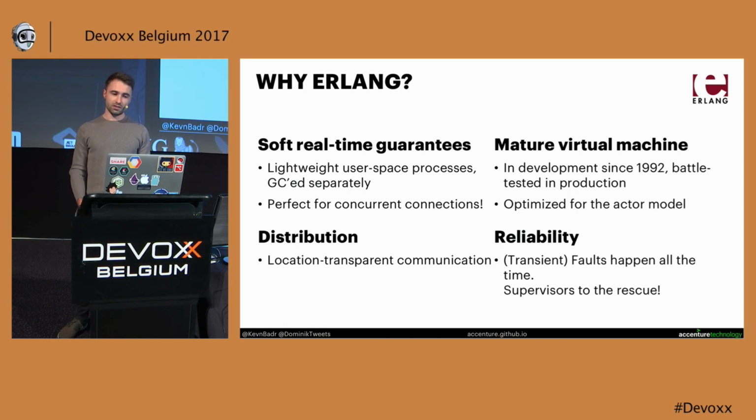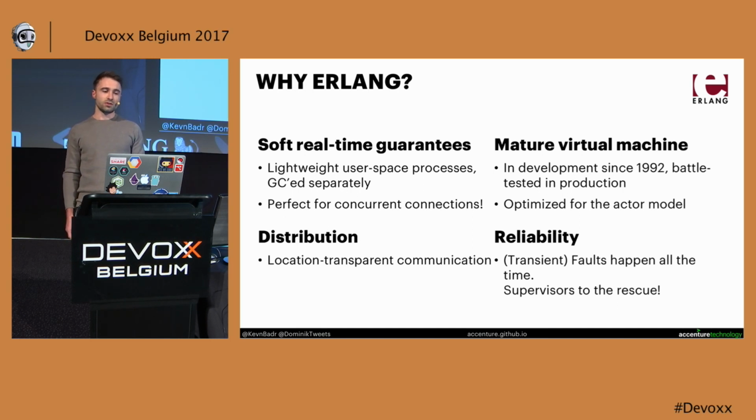Those actors' processes are not real OS processes. They're not even real threads, but an even more lightweight abstraction, which takes very little memory and can be created and destroyed basically instantaneously. So this is perfect for handling a lot of concurrent connections. You never run into a GC pause or anything like that.